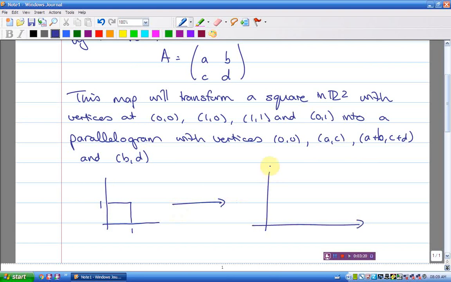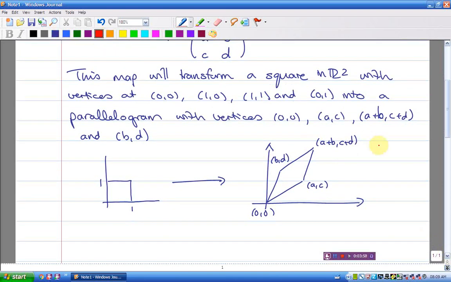Of course, it completely depends on what those numbers A, B, C, D are what your picture ends up being. Let me try and draw that as a parallelogram. Okay, something like that. The origin has stayed at the origin, but the other points have moved. I've chosen to draw my parallelogram in the first quadrant, but if some of those A, B, C, D were negative, you might get it in a different quadrant.